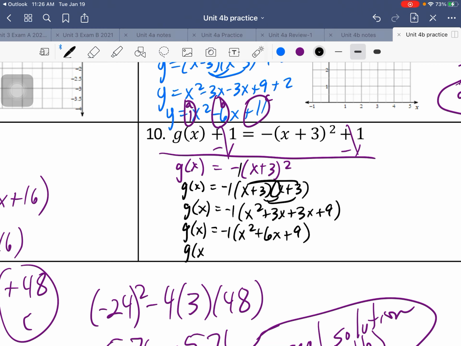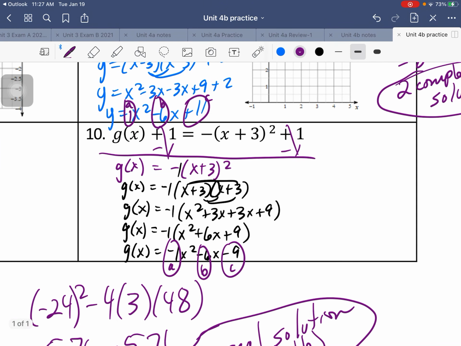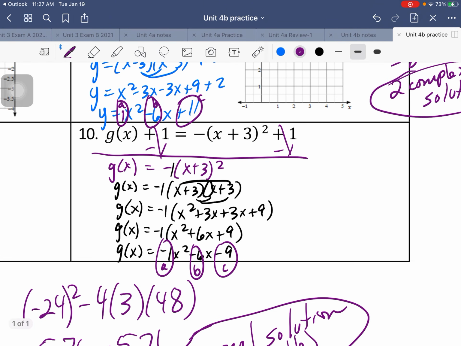And now distribute that negative 1. Negative 1x squared minus 6x minus 9. It just changes the signs of the terms. So we have A is negative 1, B is negative 6, C is negative 9. Not giant numbers, so that's great. Let's do it.